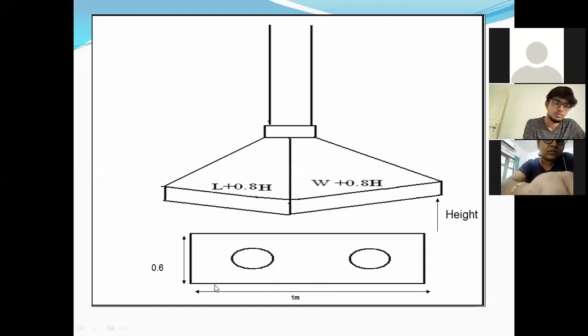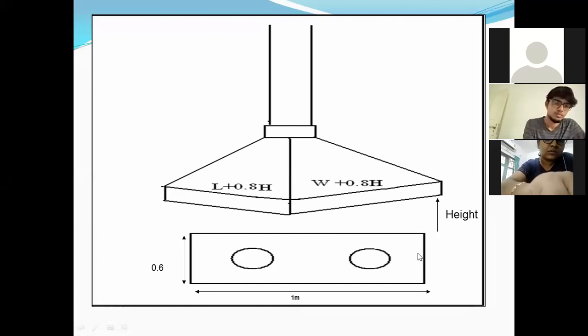Now, this is the stove, 1 meter length and 0.6 meter width. So this is the kitchen hood. You can see, when we are designing a kitchen hood, we need to know the formula. I will teach you the formula. You need the height, meaning the height between the stove top and the kitchen hood bottom.